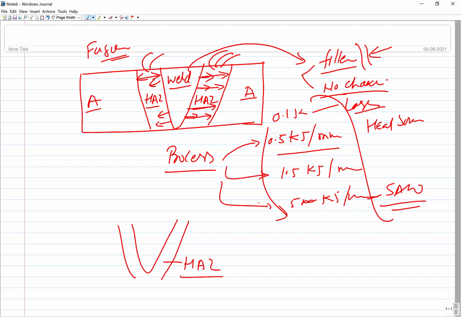The point is simple. The weld properties you can alter using suitable filler in the case of consumable processes, but you cannot do anything in the case of the heat affected zone.